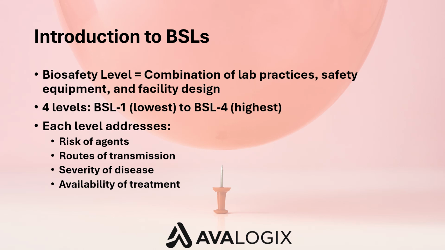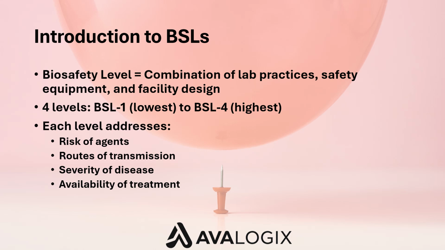Think of BSLs as operational tiers that determine what kind of lab setup you need to work safely with particular microorganisms. These range from BSL 1, which is appropriate for organisms that pose minimal risk, to BSL 4, designed for work with life-threatening agents. Each level has its own set of protocols for lab access, facility design, containment equipment, and personal protective measures.